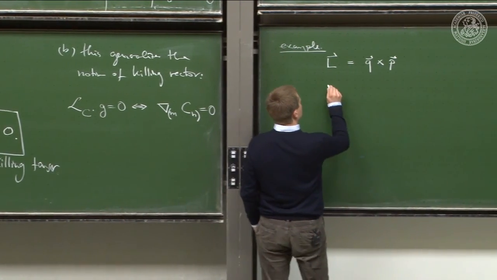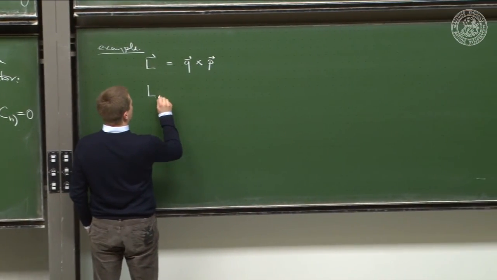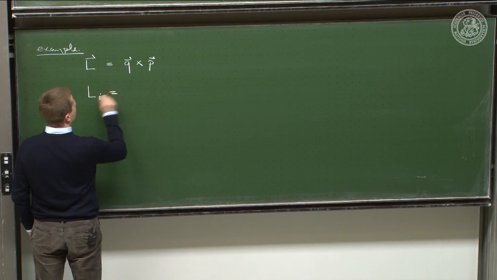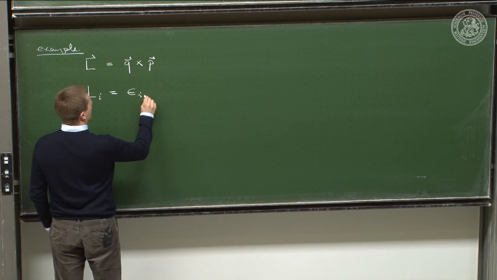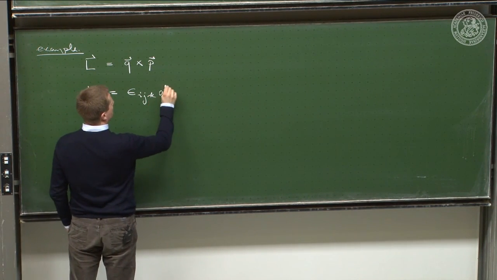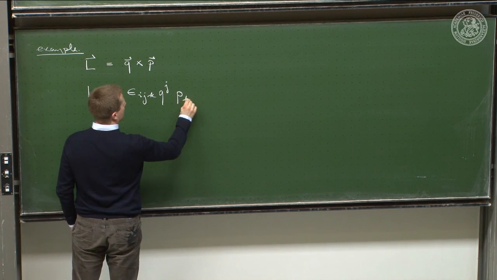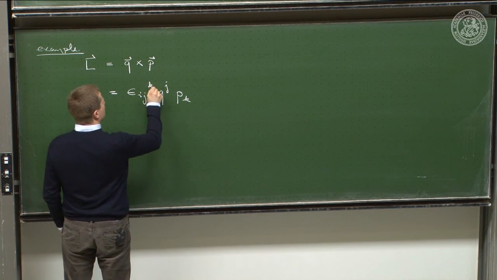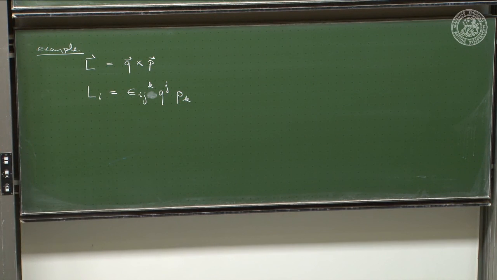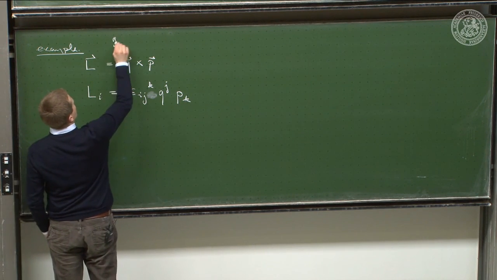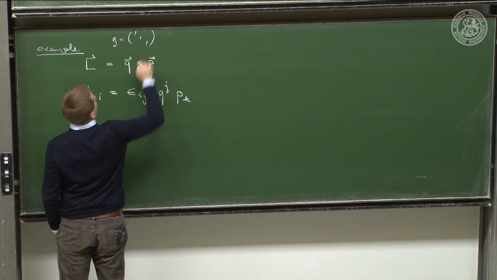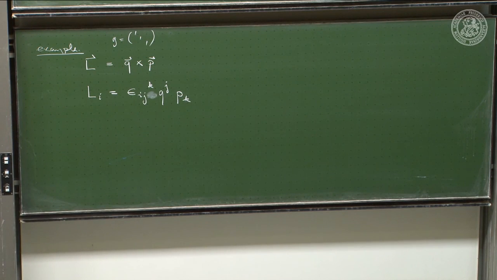And you know that that means that the ith component of the angular momentum is epsilon_ijk q_j p_k, and I can raise and lower indices at will because I will use a flat metric throughout. Okay?